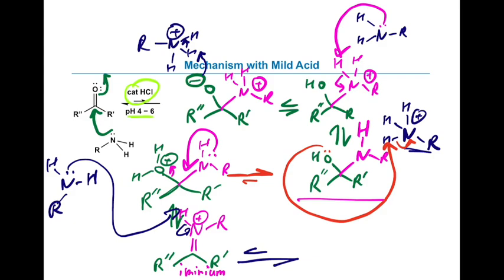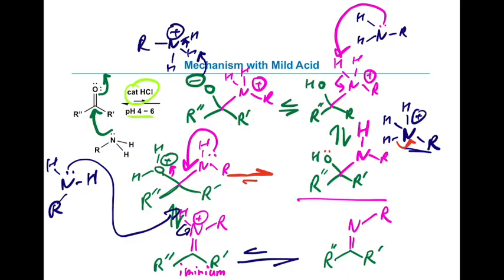So our final product here is going to be our just regular imine, like this, and R group. So that's now our imine. And as long as that R group is a carbon, this would be a secondary imine. If it happened to be a proton, it's a primary imine.